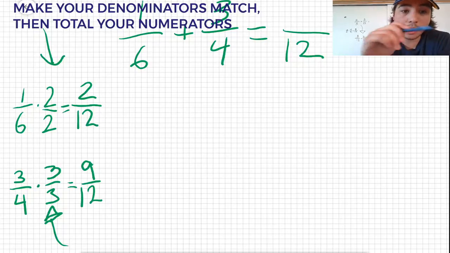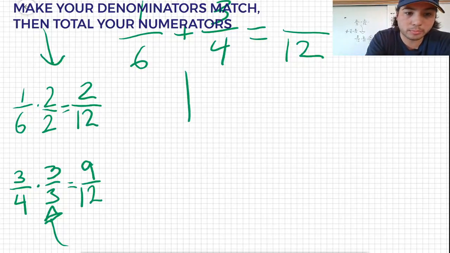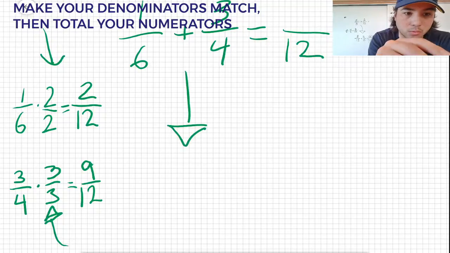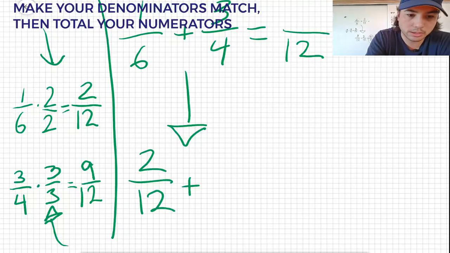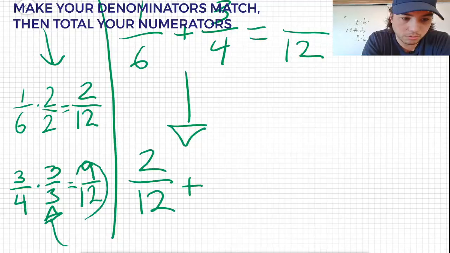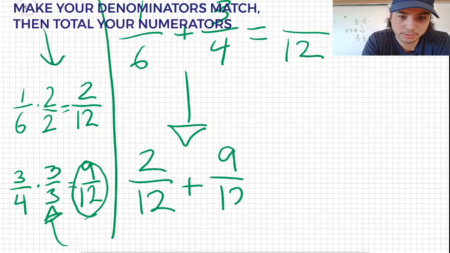Okay, so now what we're going to do is rewrite our problem with our common denominators. So 1/6 equals how many twelfths? It equals 2/12 plus, and then our 3/4. How many twelfths did that equal? It equaled 9/12.